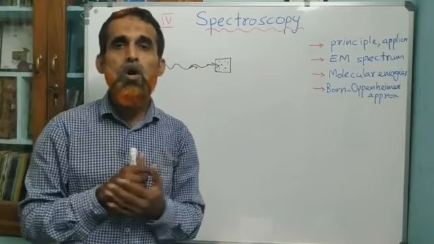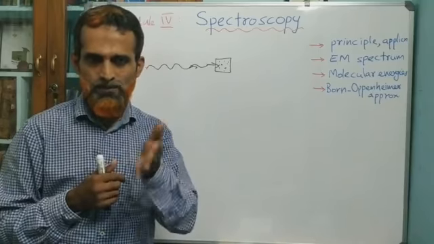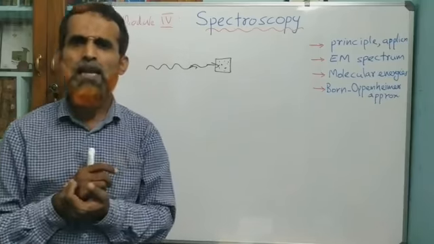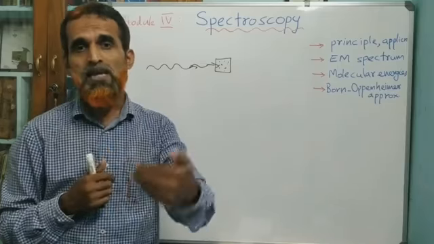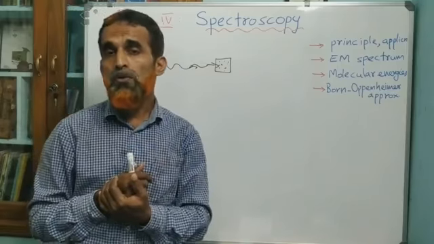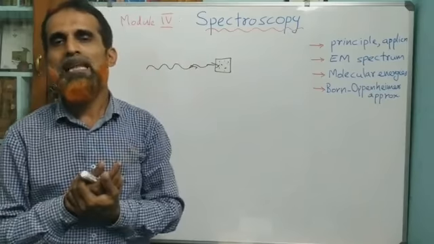But these are all atomic spectra. The hydrogen spectrum, the spectrum of calcium, or any other element, these are all atomic spectra, where emission of light is due to the transition of electrons in the atoms of these elements.